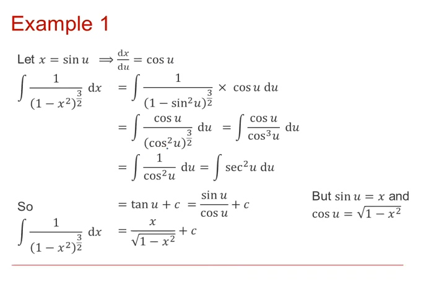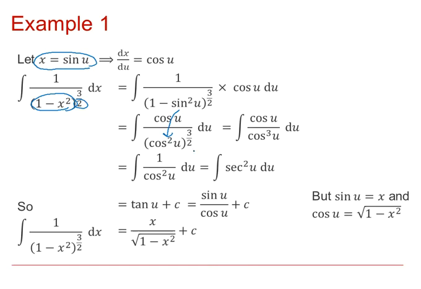There's quite a lot of detail, so just picking out some of the important thoughts here. The 1 minus x squared to the power a half is a clue that x equals sine u is a good substitution. Once you've made that full substitution, make sure you simplify the denominator as much as you can.